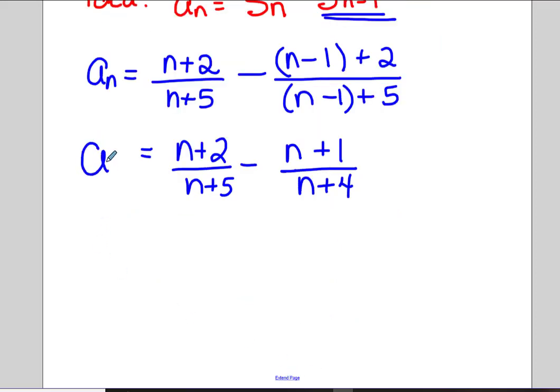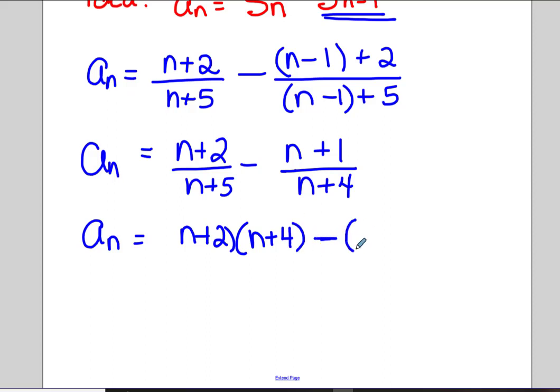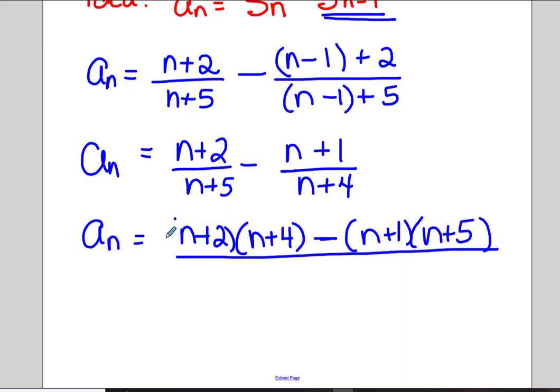And then our a sub n term that we're looking for would be n plus 2 times n plus 4. And we want minus n plus 1 times n plus 5. And then we would have the common denominator, n plus 5 times n plus 4.